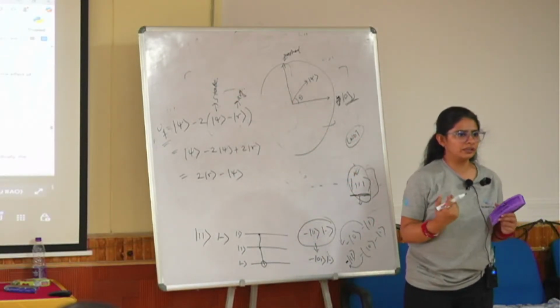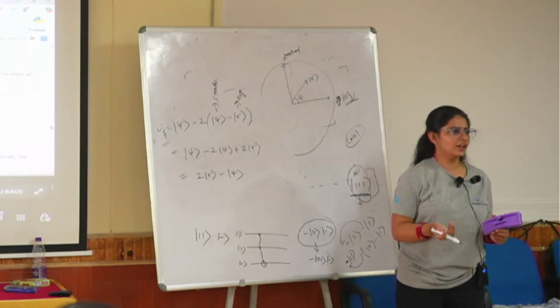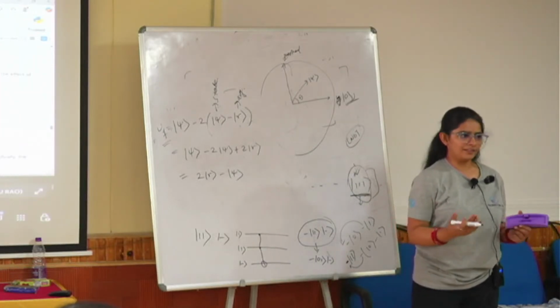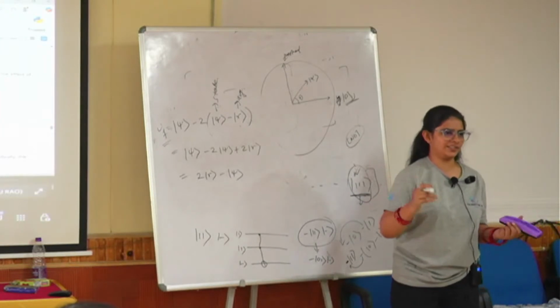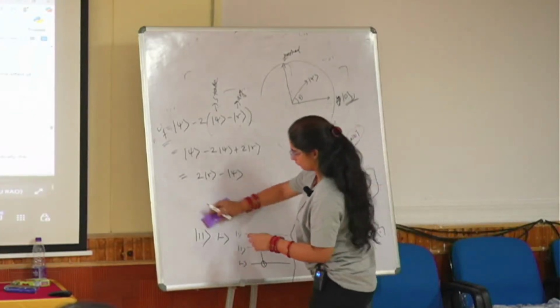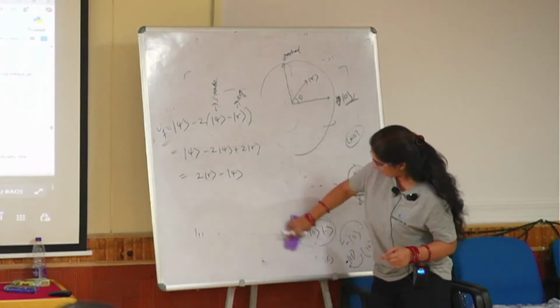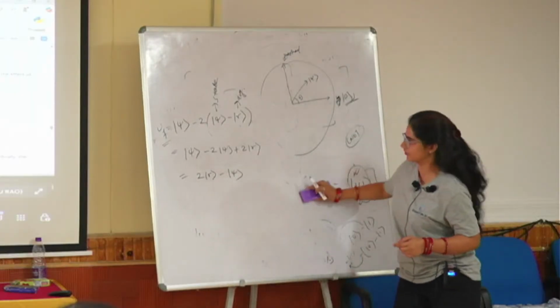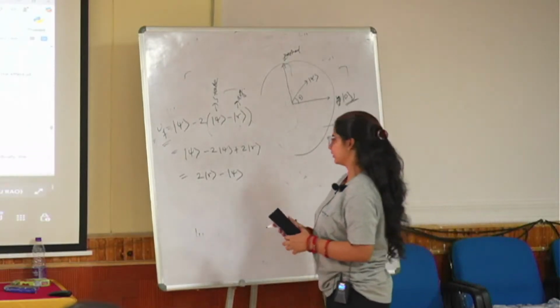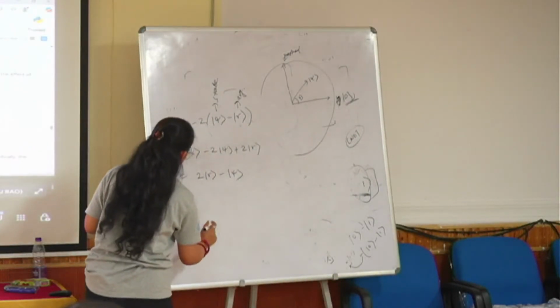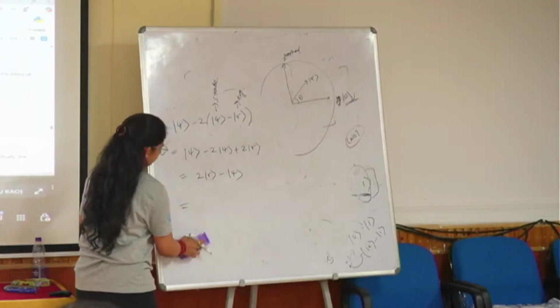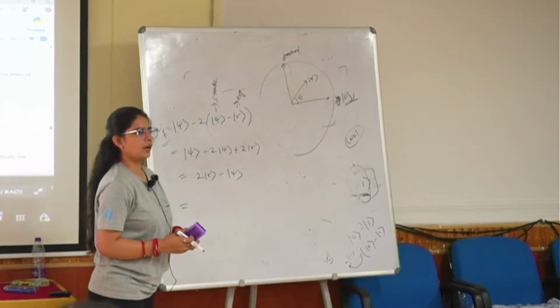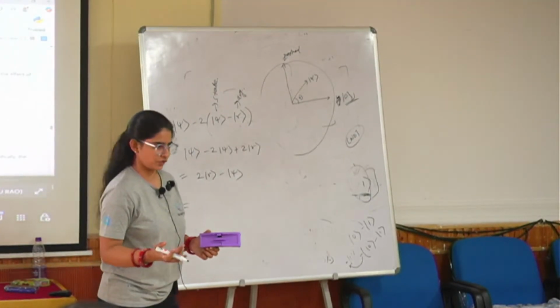Now how do you create an average state in quantum computing? Classically you can do it, just divide by the number of values you have and you would have your average. Now how do you create it? In order to create it, first of all, you need an equal superposition state.